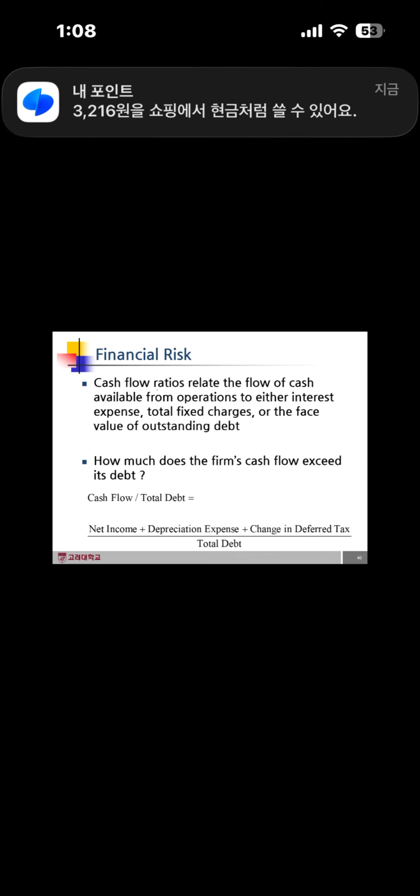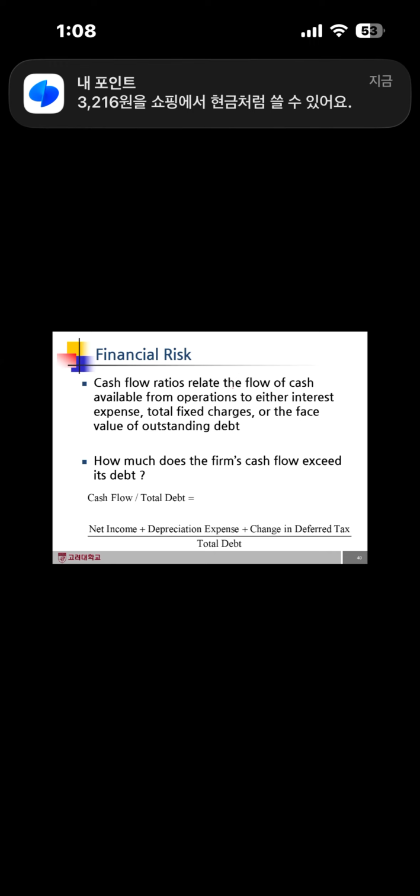And the cash flow ratio can be simply calculated by adjusting for non-cash expenses such as depreciation and amortization. Deferred taxes are also a non-cash expense. So the cash flow ratio relates the flow of cash available from operations to either interest expense and total fixed charges or the face value of outstanding debt.